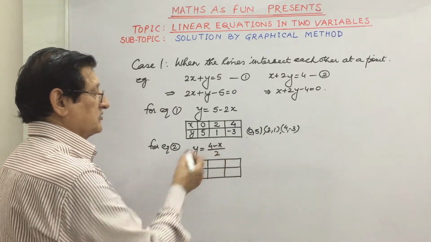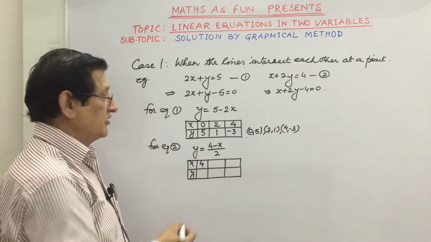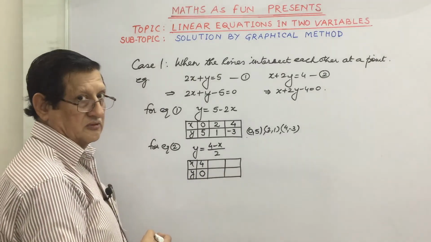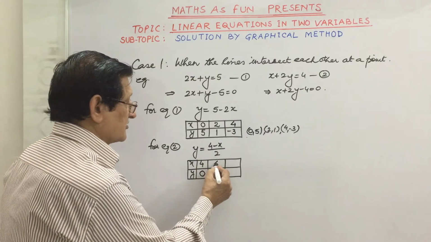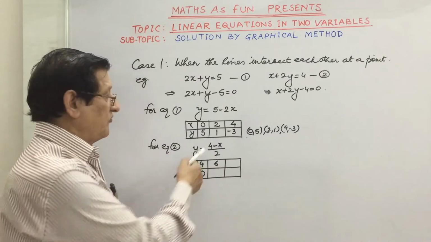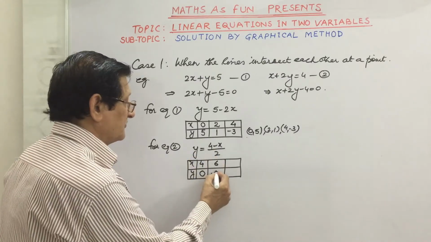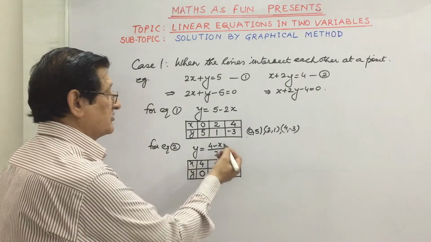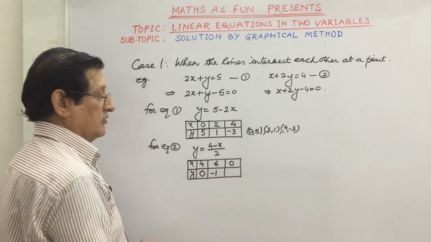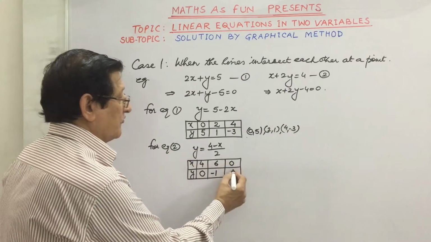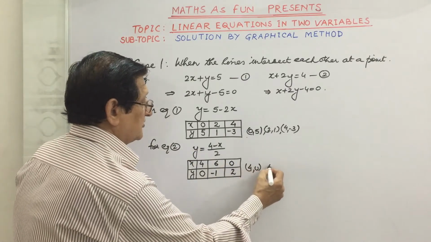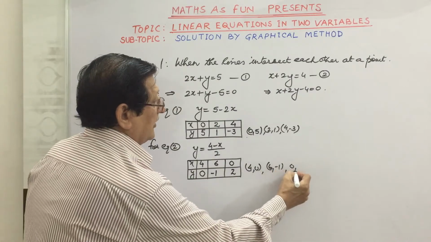Then 4 minus 4 is 0, so the value of y is 0. Suppose we take x as 6. Then (4 minus 6), that is minus 2, upon 2 is minus 1. And suppose we take x as 0, then we are getting 4 upon 2, that is 2. So the points on this line are (4, 0), (6, minus 1) and (0, 2).